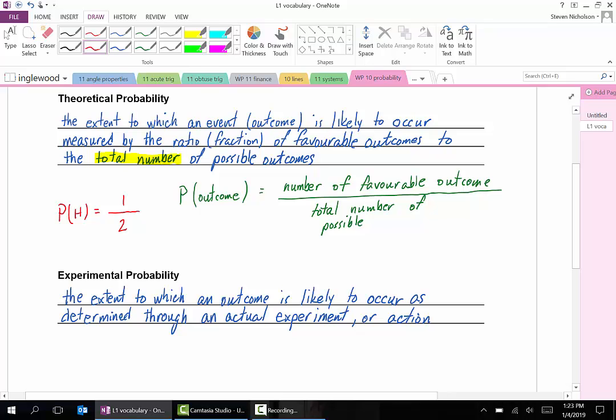You can get heads or tails. So again, the top number represents the number of ways you can get what you want, and the bottom represents the total number of possible outcomes. So you probably know this already.